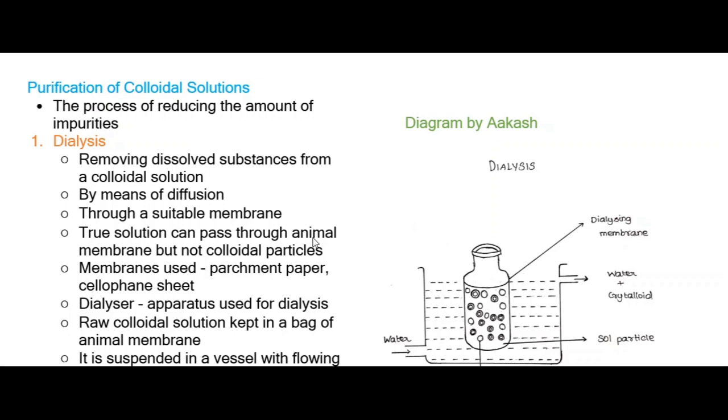Usually, a true solution can pass through the animal membrane, but not colloidal particles. There are some special kinds of membranes like animal membrane. We can make use of parchment paper as well as a cellophane sheet for arresting the entry of the colloidal particles. So we make use of this technique.